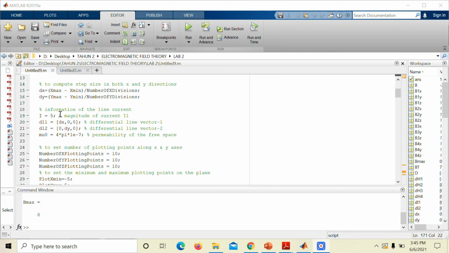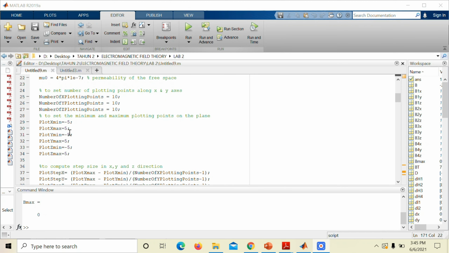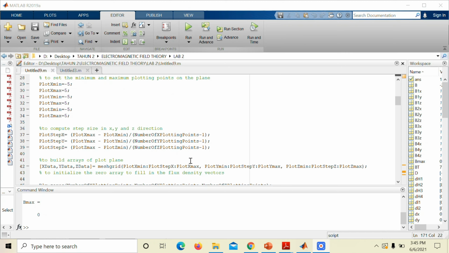And then this is our information of the line current, where our current is 5 ampere. This current is already stated in the question. And then we have to set the number of floating points along the X and Y axes. Our number of floating points is 10.